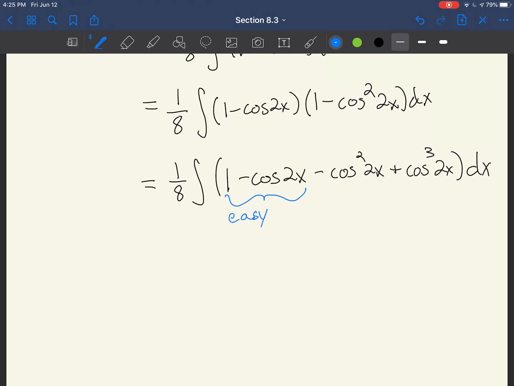So 1 minus cosine 2x, I'm just going to say that's easy. Integral of 1 dx, integral of cosine 2x, that's going to let u equal 2x, and then simple substitution. The cosine squared 2x and the cosine cubed 2x, we're going to have to use tactics from this section.